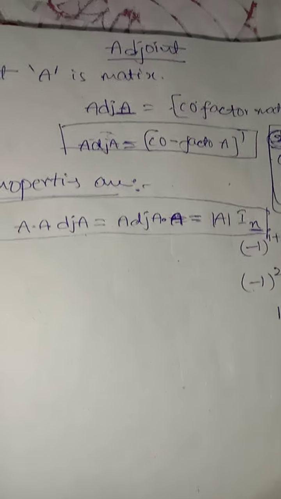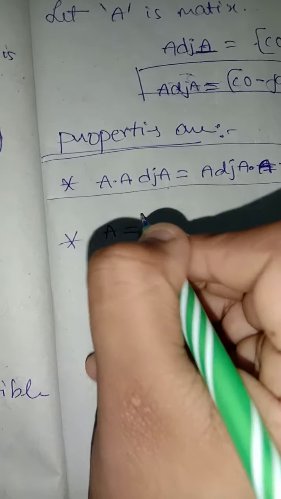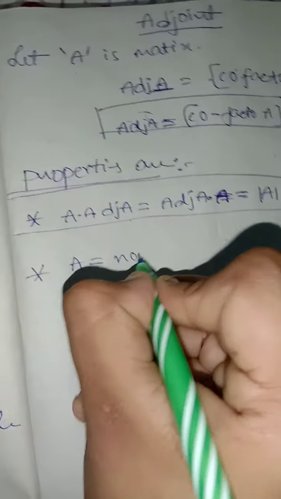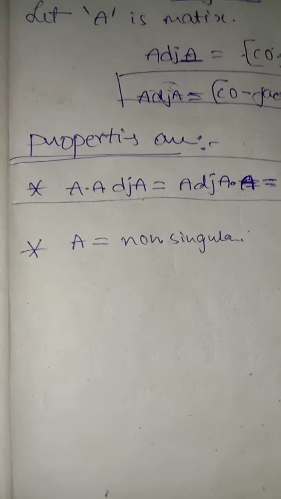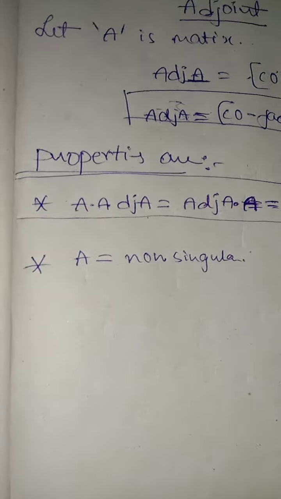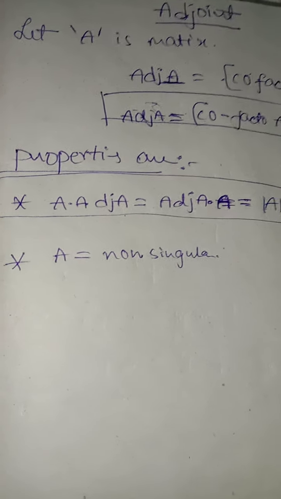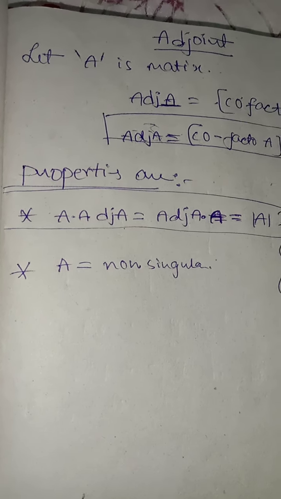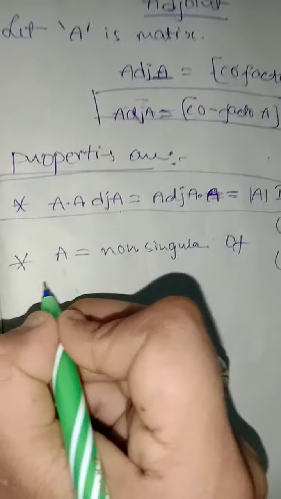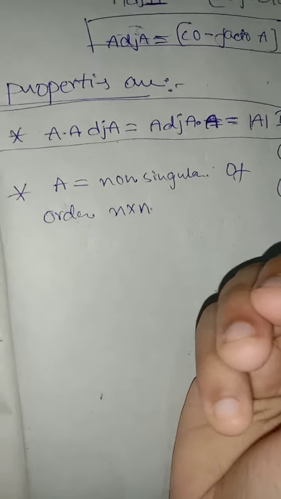And the second property is, if A is a non-singular matrix. Non-singular means det is not equal to 0, of order n by n or n cross n.